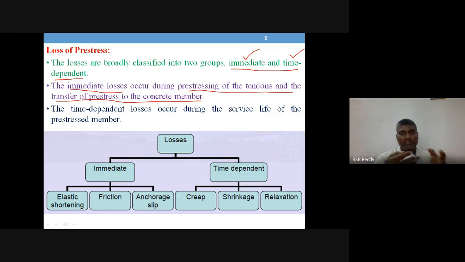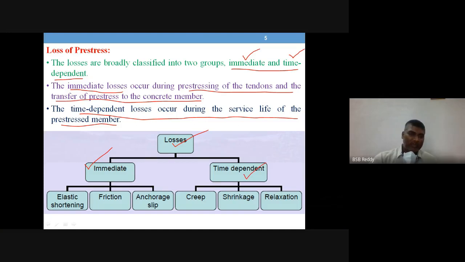And time dependent losses will occur in the service of the member. When you make the member ready, transport it to the construction site, then erect it to its position and use it in the structure, during its service there will be losses. Those we call time dependent losses. So losses are categorized into two: one is immediate and another one is time dependent.